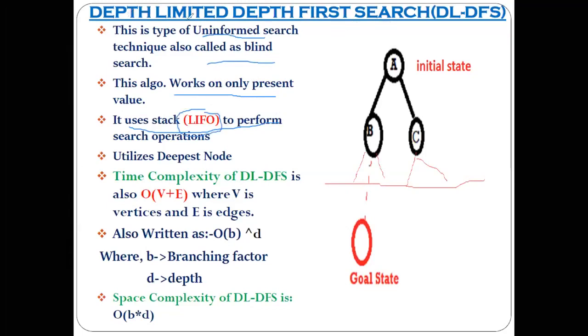We have only added one characteristic, depth limited. We understand what exactly it means. So it is a kind of DFS. That's why it also performs using the stack with last in first out operations. So it also utilizes the deepest node only.